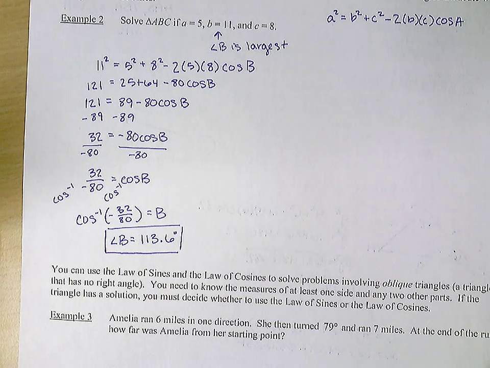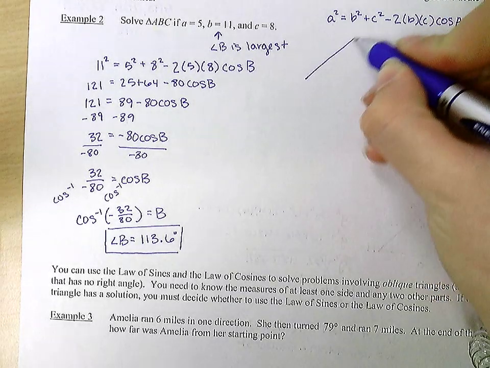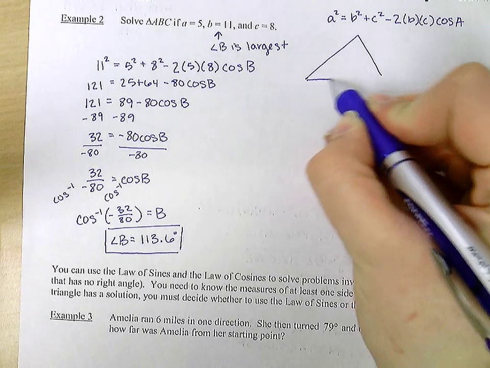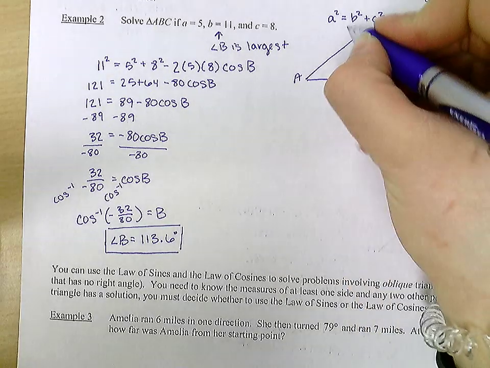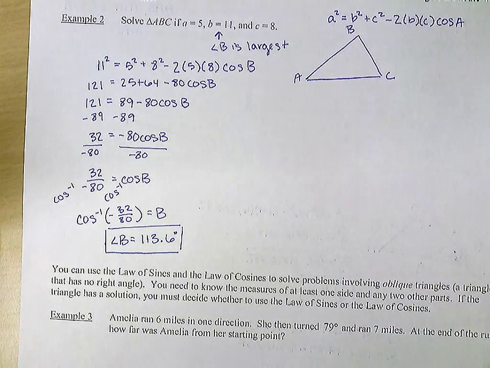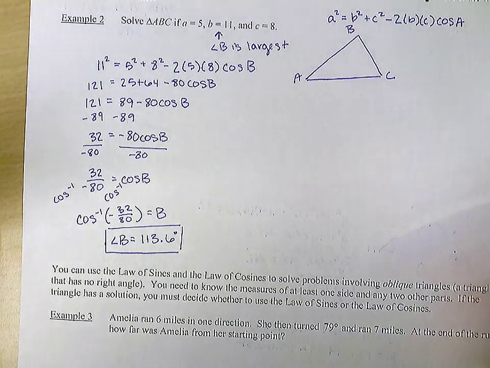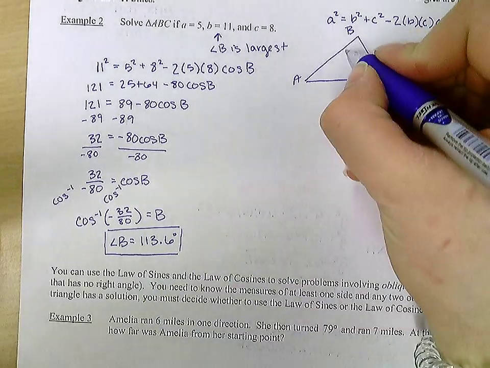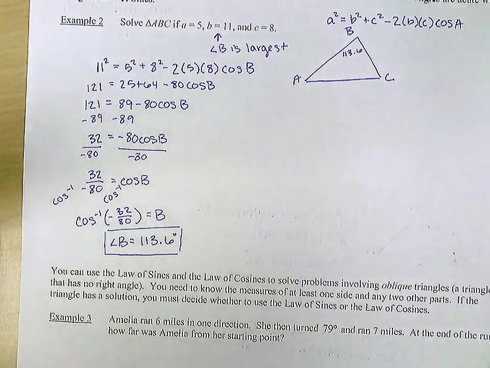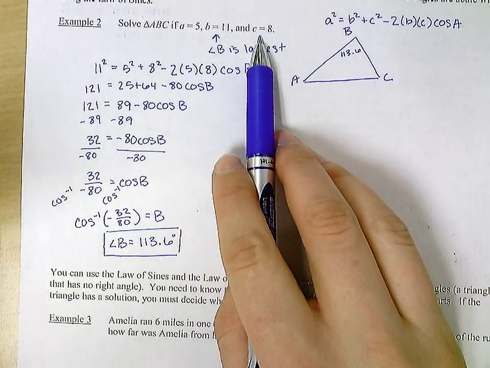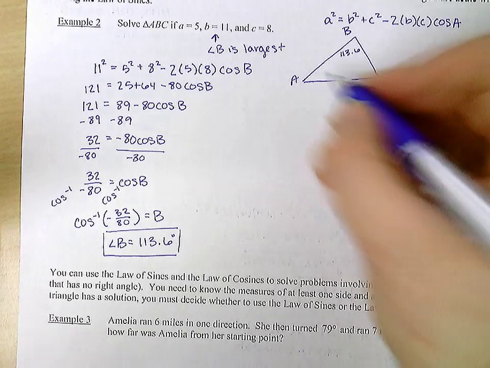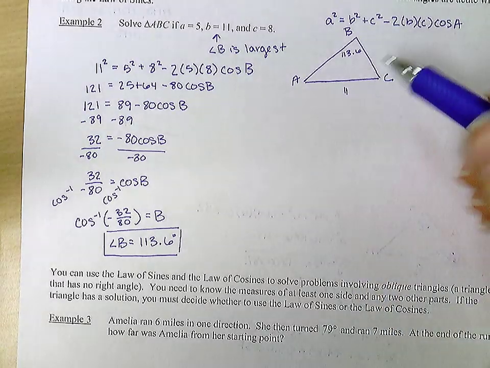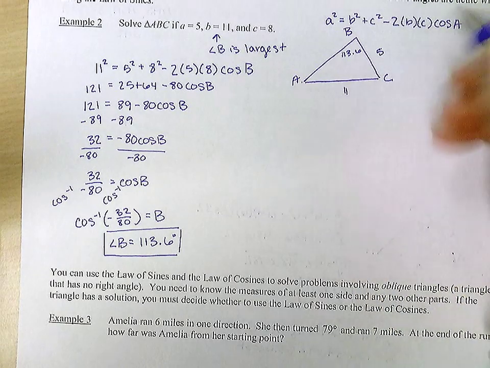So that was finding angle B. I still have to find angle A and angle C. Now again, you can use law of sines from this point if you want. So if you draw in your triangle, since I know law of sines is easier, we have our triangle ABC. We just found angle B is 113.6, and we know all three of the sides. Side B is 11, side A is 5 and C is 8.